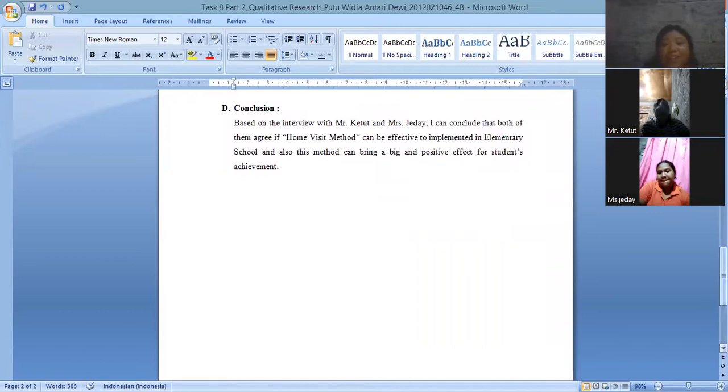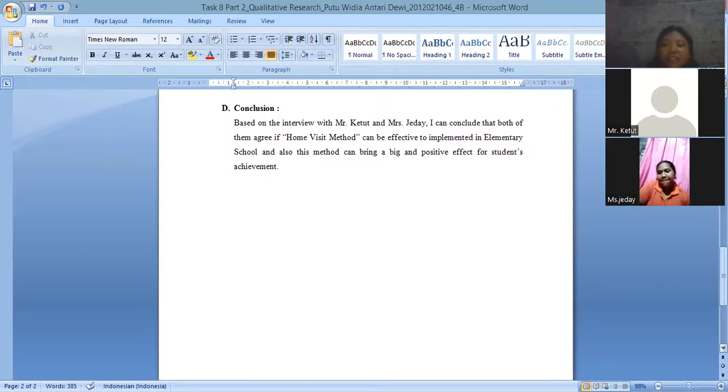So, based on the interview with Mr. Ketut and Mrs. Jedai, I can conclude that both of them agree that the home visit method can be effective to implement in elementary school, and also that this method can bring a big and positive effect for student achievement.